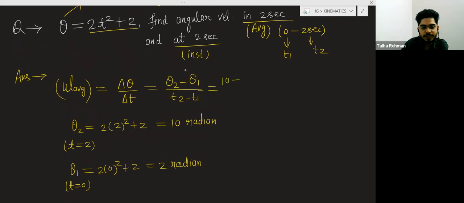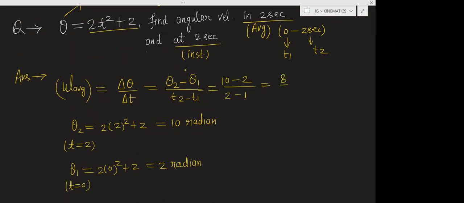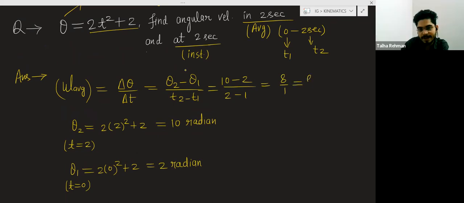What is your theta 1? 2. What is your t2? 2. What is your t1? 0. This will become 8 by 2, which means your average angular velocity will be 4 radian per second. Radian per second is the SI unit of angular velocity.